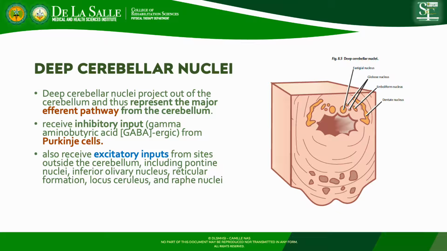The first neurons that we have discussed, like the stellate and the basket, are all afferent, so they receive input. But the deep cerebellar nuclei are efferent, meaning they're motor in function, so they will send output to other areas outside the cerebellum. They also receive excitatory inputs from sites outside the cerebellum, but again, they represent the majority of the efferent pathway of the cerebellum.